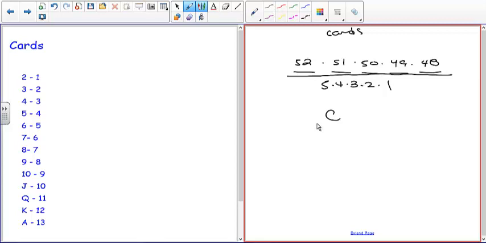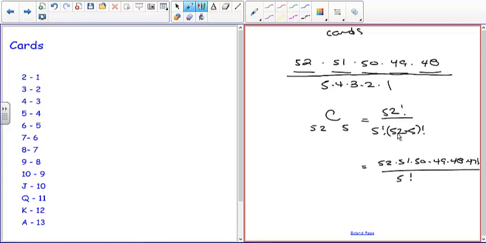It's also 52 things taken 5 at a time as a combination. However you want to evaluate this, the formula would be 52 factorial over 5 factorial times 52 minus 5 factorial, which would be 52 times 51 times 50 times 49 times 48 times 47 factorial, divided by 5 factorial. 52 minus 5 is 47, and once you cancel those out, it's the same as what we had up there.